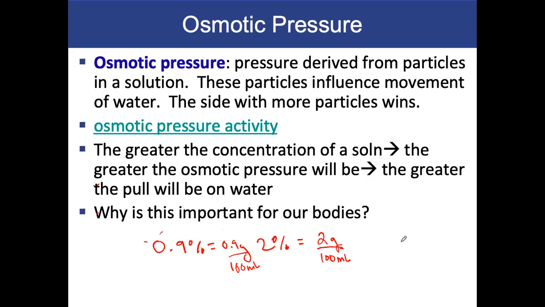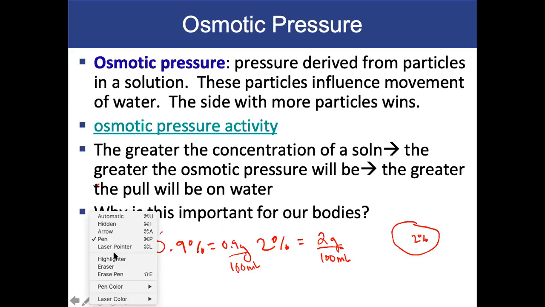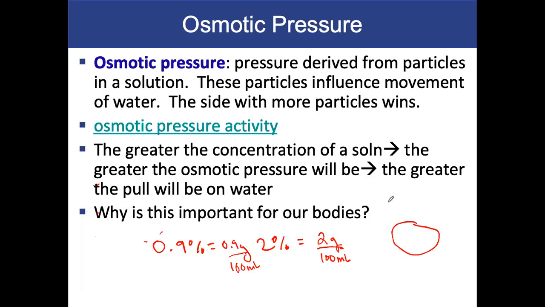So if we had a cell, actually, let's do it this way. Let me erase that. If we had a cell, so our body cells are 0.9%, always.